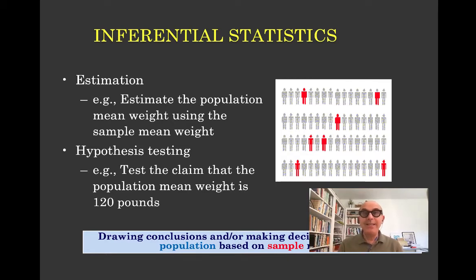A hypothesis is the idea that we are testing a statement about the population, and we will take a sample in order to verify if our assumptions are true or false. So we are drawing a conclusion and making the decision concerning the population based on a sample result.